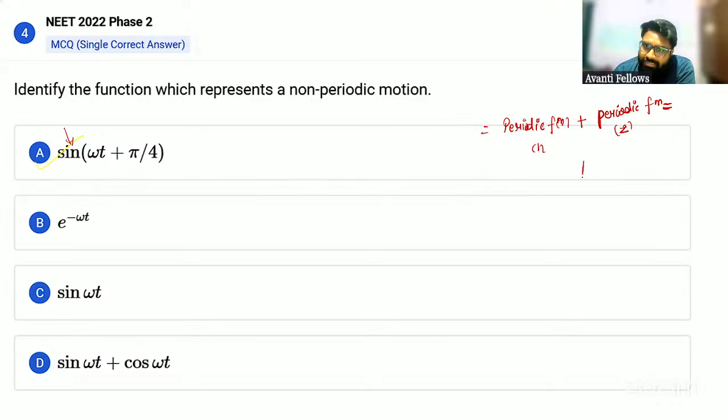This will always come out as periodic function. ठीक है, which means option D. देखो, sin omega t cos omega t, ये भी क्या है? एक periodic function. This can also be represented in terms of sin or in terms of cos only. How? चलो, let's do it.